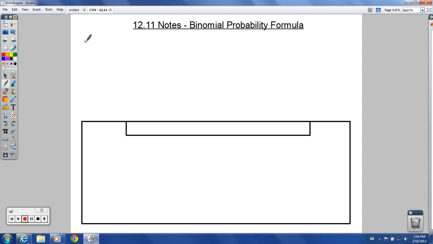First of all, more of a definition down here of the binomial probability formula. To use this formula, there are some requirements. So these are the requirements for using the binomial probability formula.